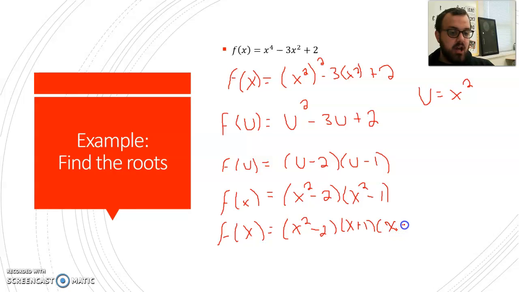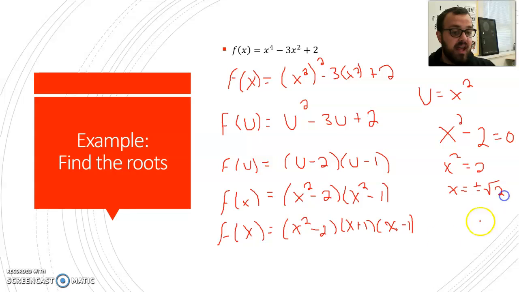Additionally, I know that x squared minus 2 is going to give me irrational roots, actually. So if I set that equal to 0, I'm going to find the following irrational roots, right? If I set this equal to 0, add 2 to both sides, I get x squared equals 2. So I'm going to get that x equals plus or minus the square root of 2. And I can use those as factors as well.